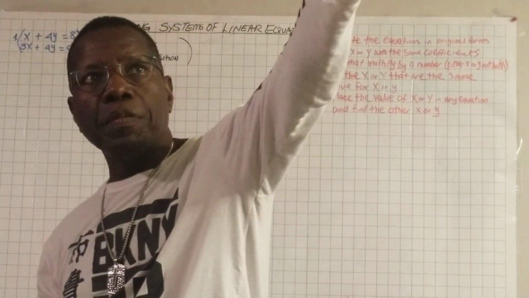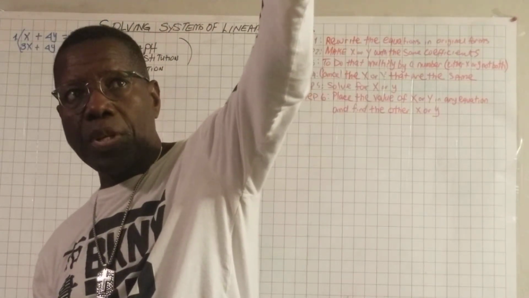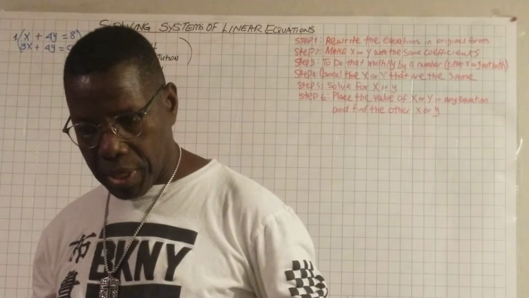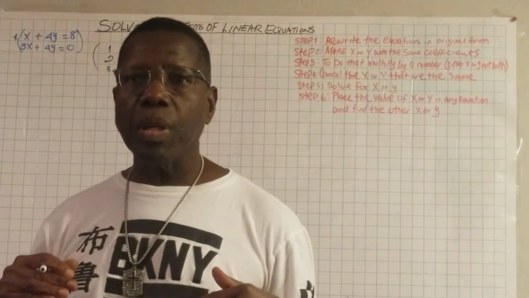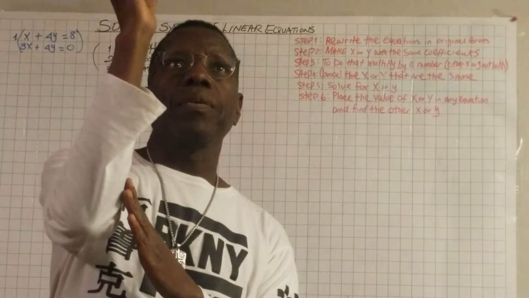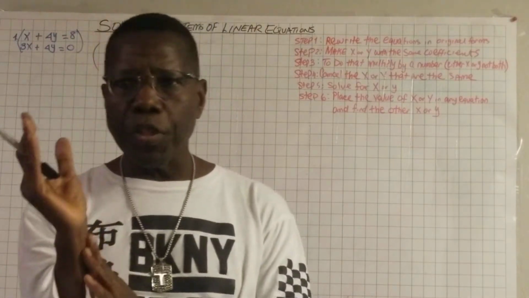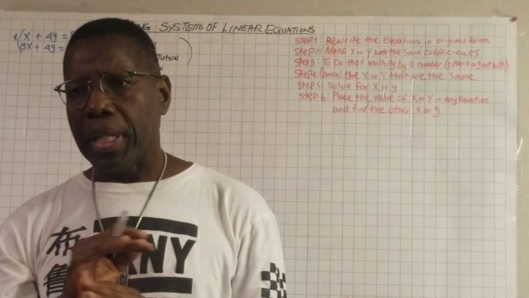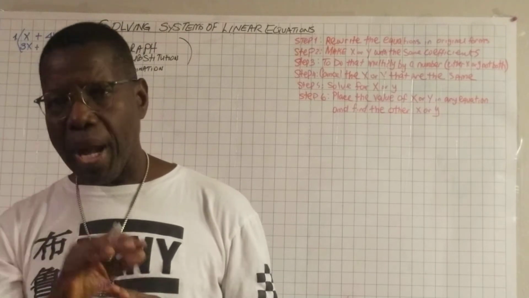And use the coefficient from the first one and multiply it by the second one. And those two equations, in some way, you will have your x to have the same coefficient and the signs will be different. And then you cancel them out.